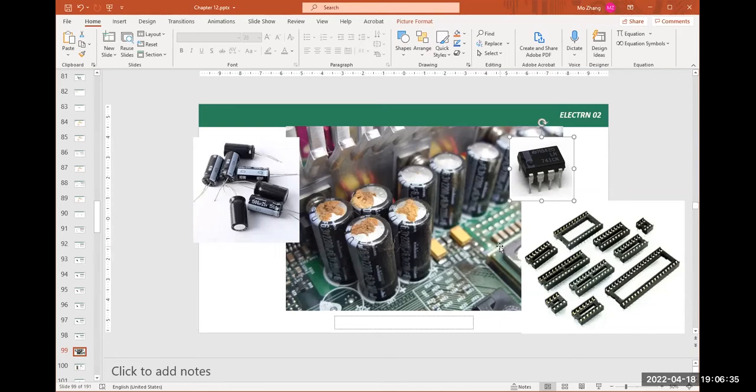We don't need to solder or desolder. We just unplug it using fingernails, or tweezers, or screwdrivers, and then put another one here. That's the reason for using this socket on the PCB board, where PCB stands for printed circuit board.